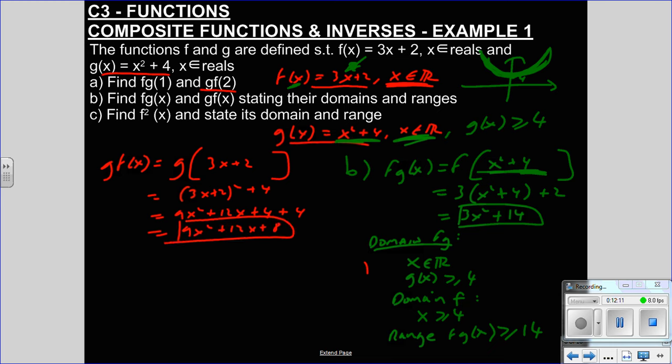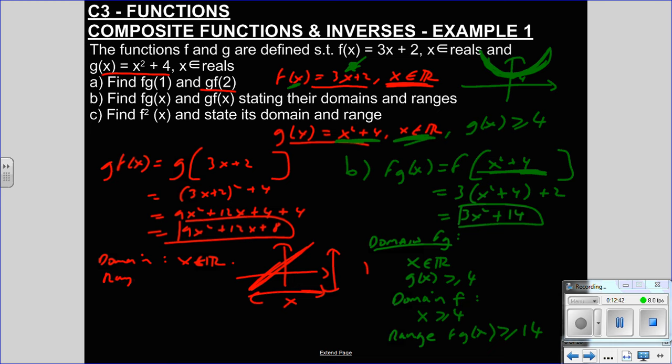Domain and range then. So the domain starts off as being for f, x is part of the real numbers. f takes it, and as f is our 3x plus 2, which looks something like that, it takes all the real numbers, x can be any number, and therefore f of x can be any real number.